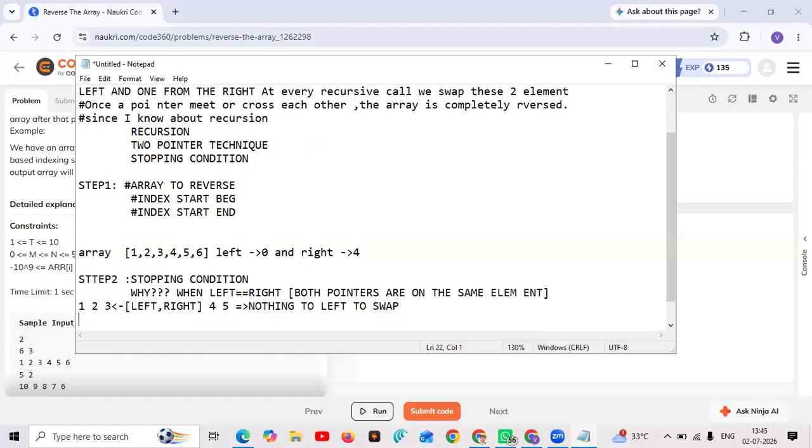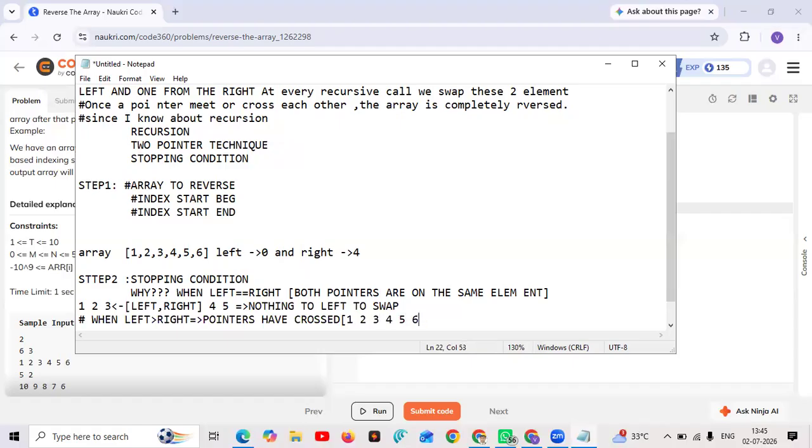Now there would be one more condition: when left is greater than right, the pointers have crossed. For example, 1, 2, 3, 4, 5.